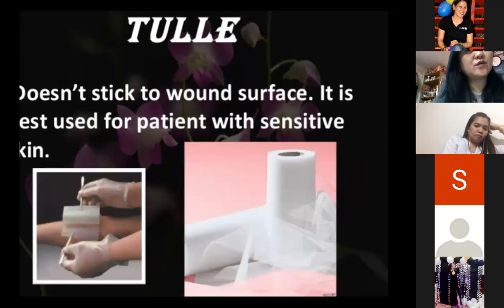It doesn't stick to the wound surface. It is usually used for the patient who has sensitive skin. Usually we use this for the patient, like sa mga burn patient, because when you want to dress again this wound, it is very easy to remove kasi meron siyang gamot na kasama. Actually, this is the gauze and the medication that is put in the gauze.